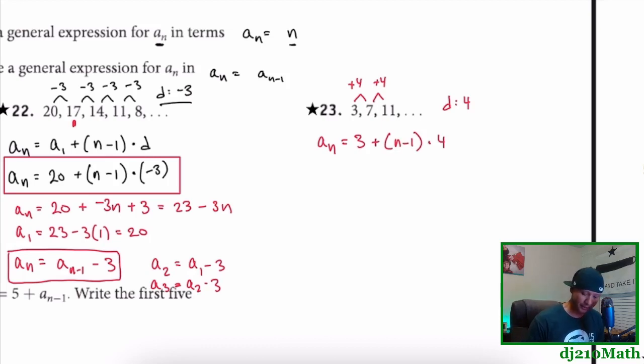But if we want to simplify it, 3 plus distribute 4n minus 4, which would be 4n minus 1. So for any n term, whatever term you want, the first, second, third, 10th, 100th, you just let n equal whatever term you want, and you run it through the formula, and it'll tell you what that term is.